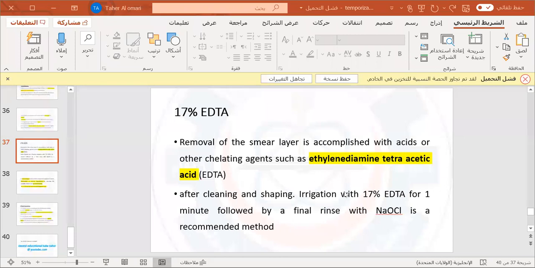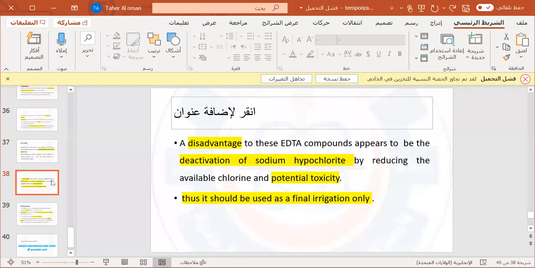Talking about the EDTA. The disadvantage of EDTA is that it can deactivate the sodium hypochlorite itself. However, by exchanging sodium hypochlorite and EDTA together, we end up with better cleaning efficiency. We cannot overuse EDTA and sodium hypochlorite in normal cleaning and shaping.